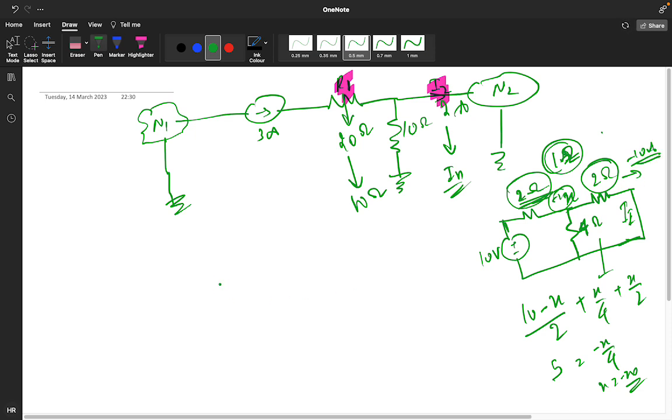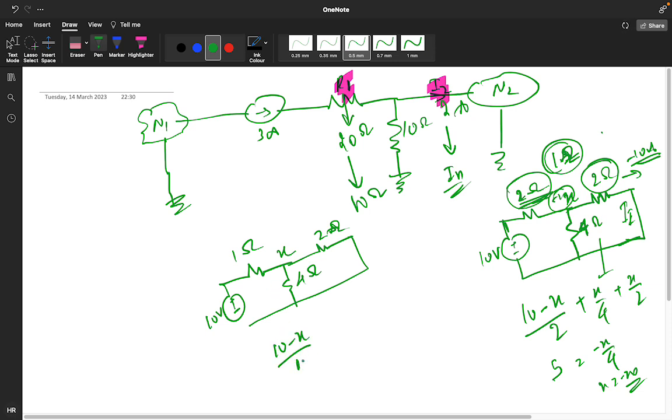Now suppose I change the value to 1 ohm. This is 4 ohm only, this is 2 ohm only. So what's happening? The value is getting changed. This is your x. So 10 minus x divided by 1 plus x by 4 plus x by 2 is equal to 0.